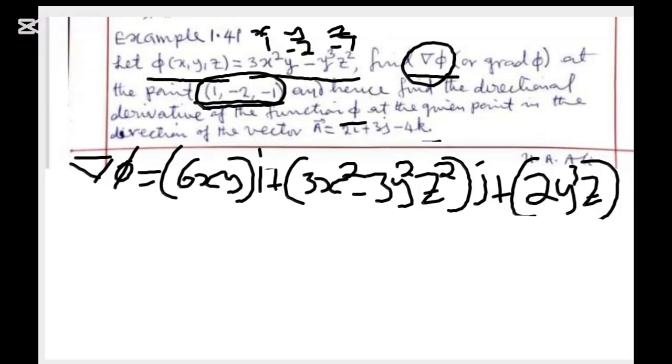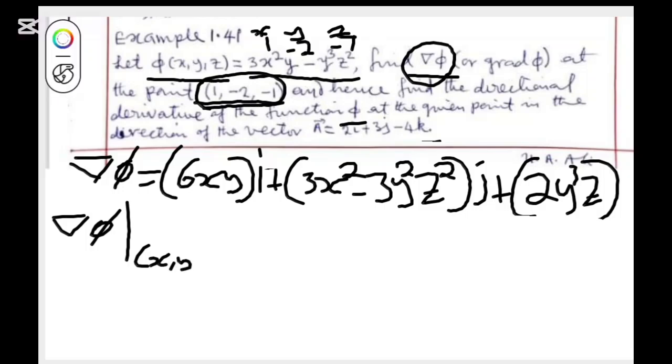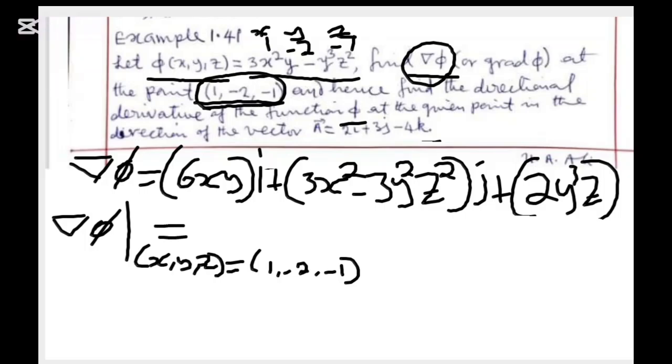So the next thing to do is that I have to say the del psi at x, y, z, which is equal to 1, -2, and -1, it is equal to what? So don't forget I have 6. So 6x is the same thing as 1, and also y is the same thing as -2.